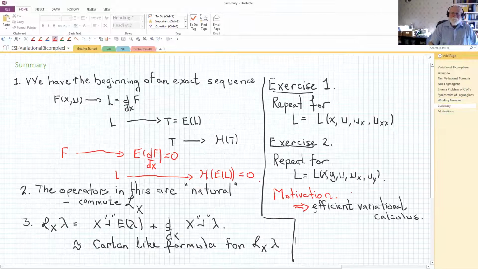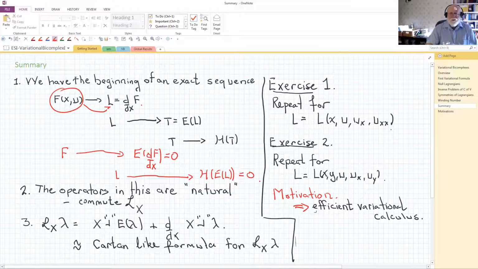Okay, so here's the summary. We have the beginnings of what will be an important exact sequence. The exact sequence starts with a function, and you make a Lagrangian out of that function by taking its total derivative.